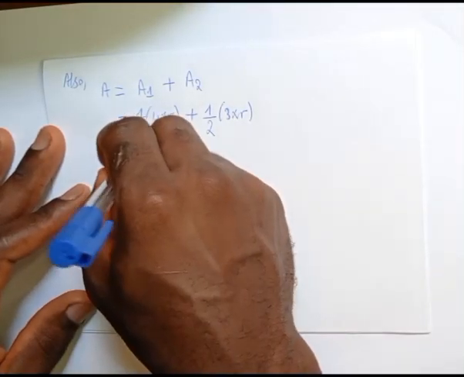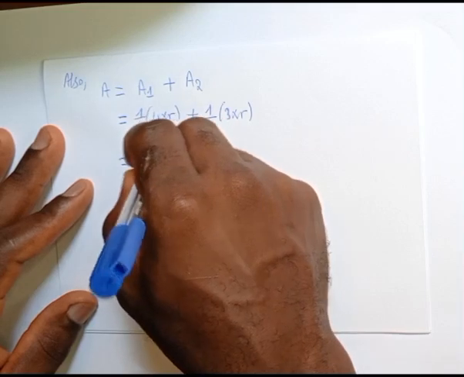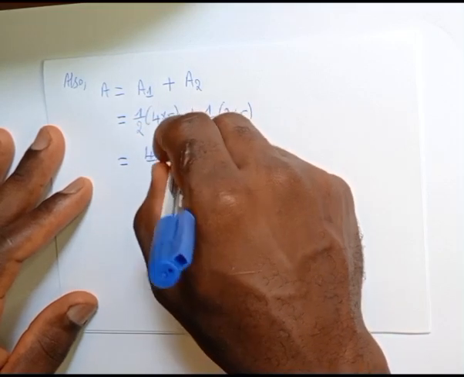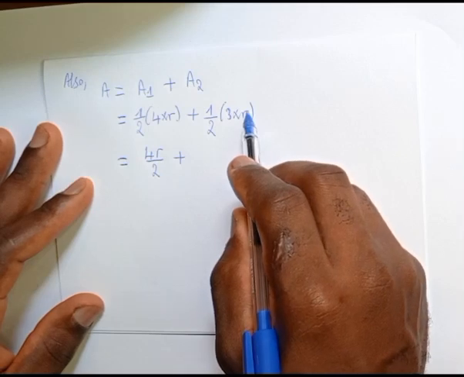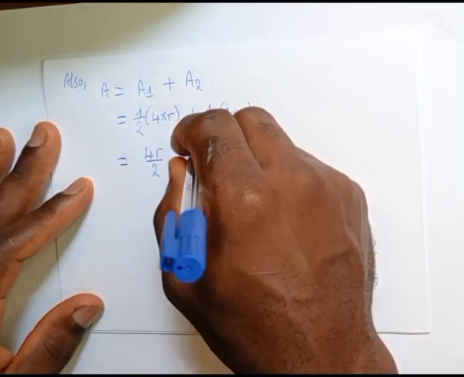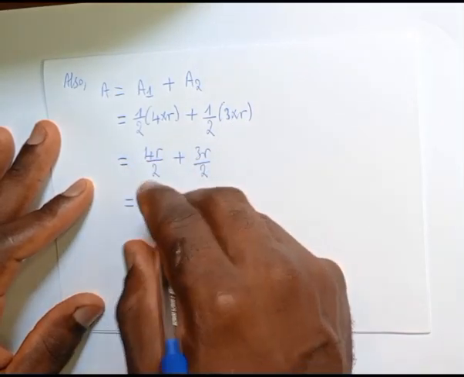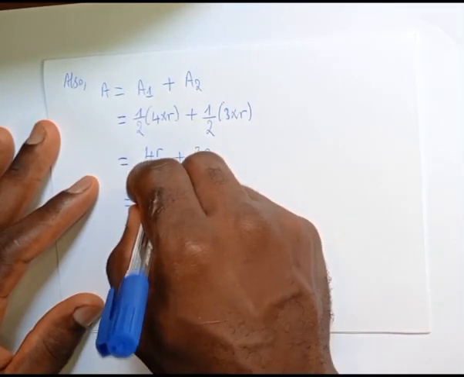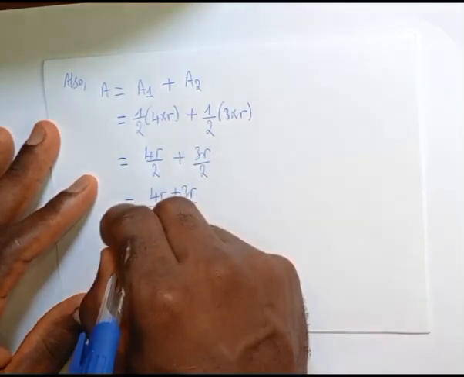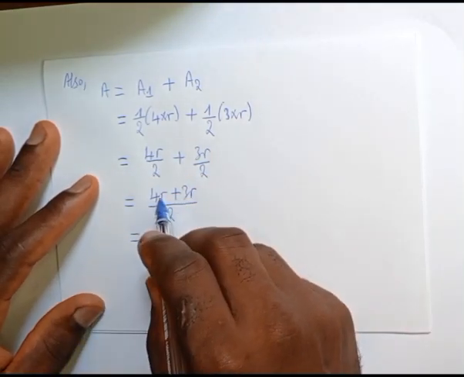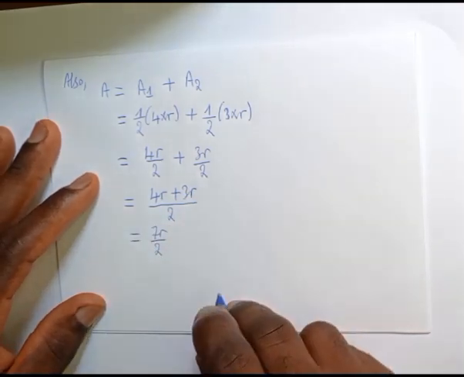This will simply be equal to 4 times r gives us 4r on 2 plus 3 times r, it gives us 3r times a half, it gives 3r on 2. This will simply be equal to, they have the same denominators, we add the numerators, 4r plus 3r on 2. This will be equal to 4r plus 3r gives us 7r on 2.